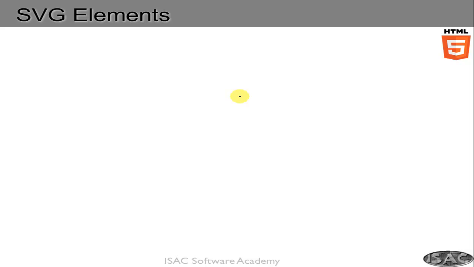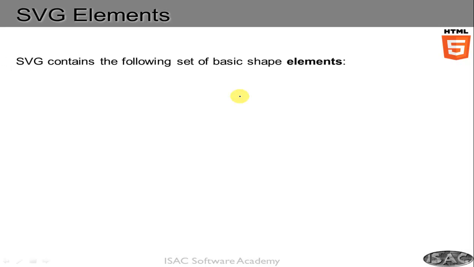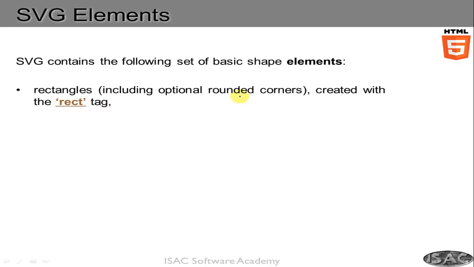Now let us see what are the various types of SVG elements which are supported in HTML5. First, you can draw a rectangle including optional rounded corners. You can have a rectangle with sharp edges in the corner or rounded corners.